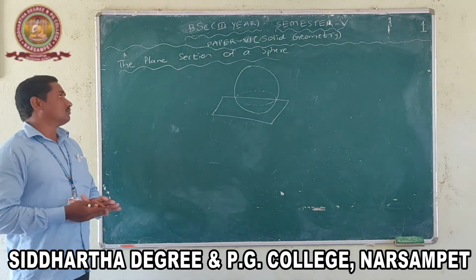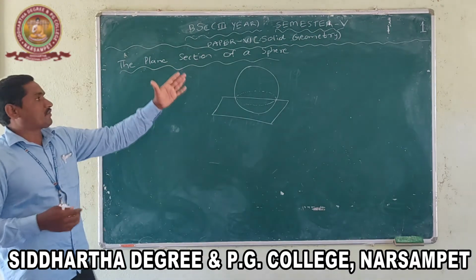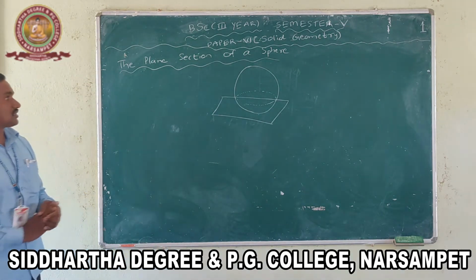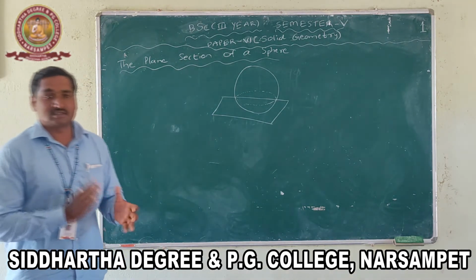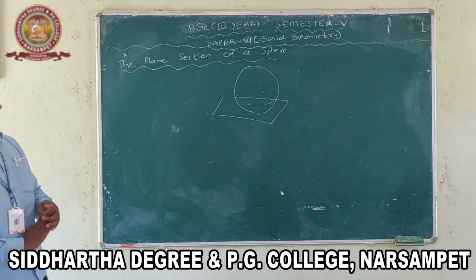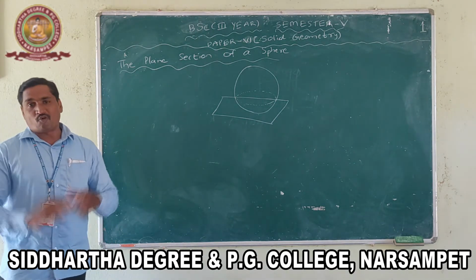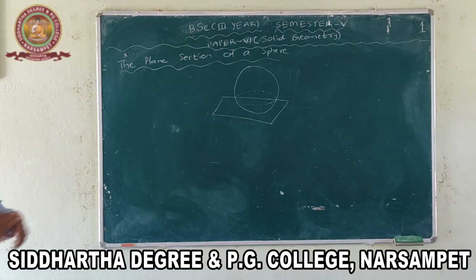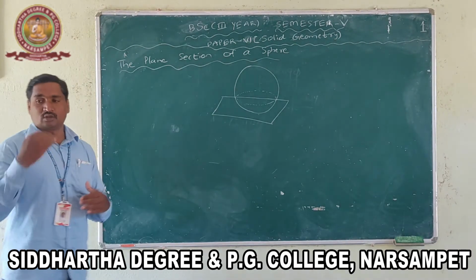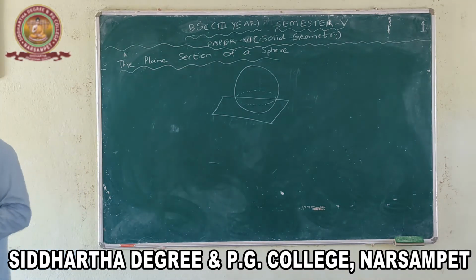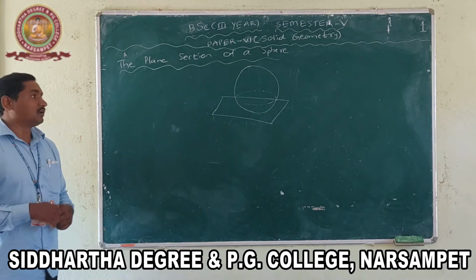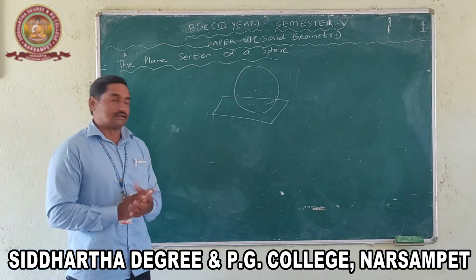Now let us prove that the plane section of a sphere is a circle. It means the locus of the set of points common to a sphere and a plane is a circle.